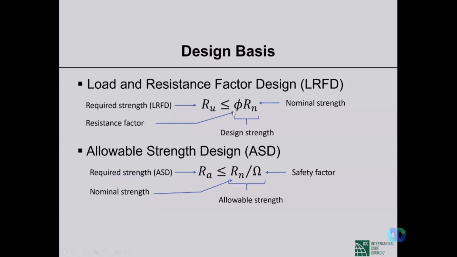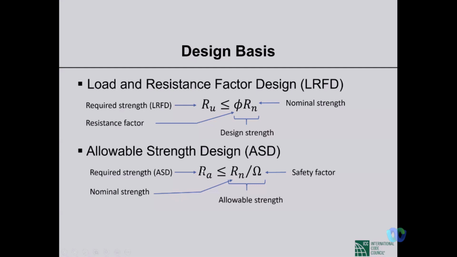What we do for ASD is that we calculate the capacity nominal strength for the ultimate case. That is the inelastic capacity. Then we use a factor, a safety factor. This is not factor of safety, this is safety factor. And we divide by that, we reduce it by a larger margin so that we can compare the strength or capacity with service level demand.